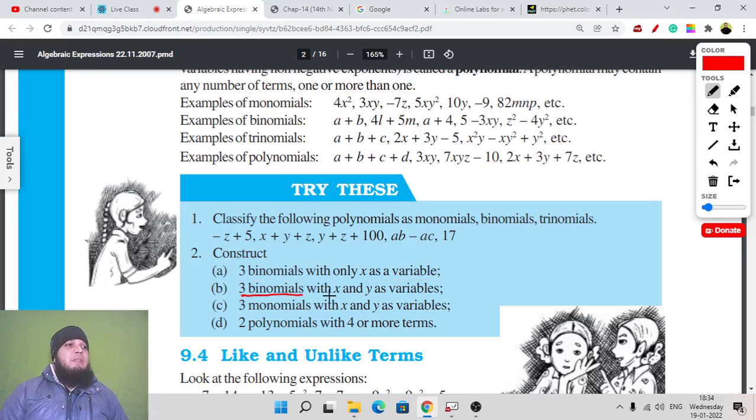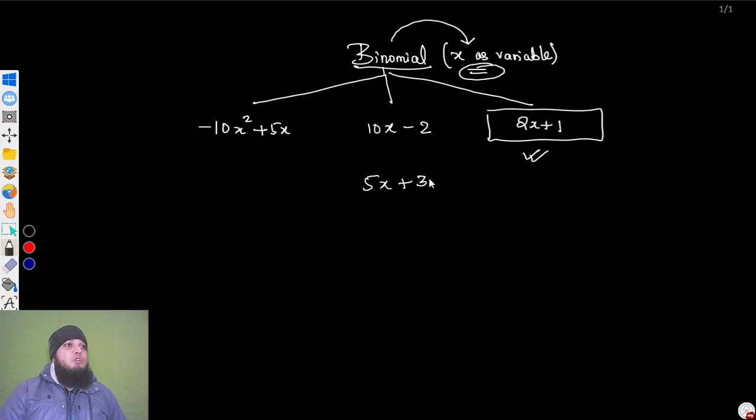Okay. Now it is talking about three binomials with x and y as variable, means the terms will be having x and y variable, means you can use xy at once. We can use xy in different terms. So for example, we can make it like this: 5x plus 3y. Okay, 5x plus 3y. This could be one binomial with x and y as a variable. We can also write it like this: 5xy plus 3xy square.